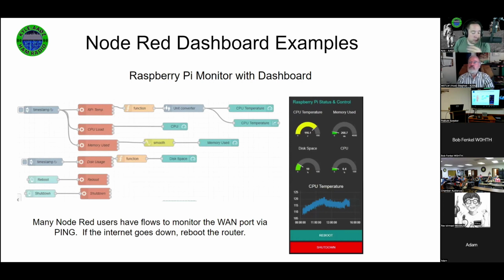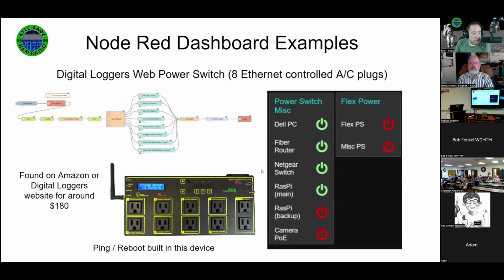And then also, the cool thing about this device is it's got some smarts built in that if your internet goes down, it's got an auto ping inside of it. So if it does not ping, like let's say Google or Yahoo or whatever device you want to ping outside of your home, let's say your router is in port number 1.